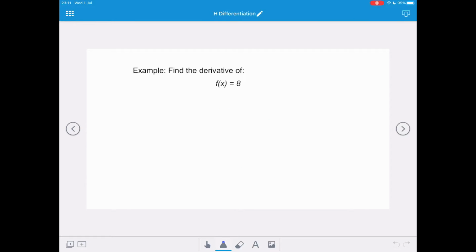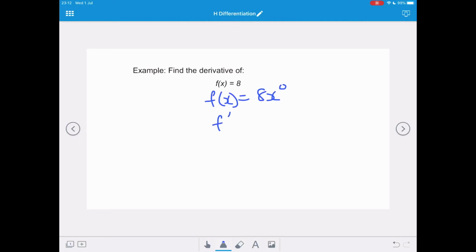Now when we're asked to differentiate a constant term, so a numerical value, we need to remember from our rules of indices that x to the power of 0 equals 1. So we can rewrite this as 8x to the power of 0.